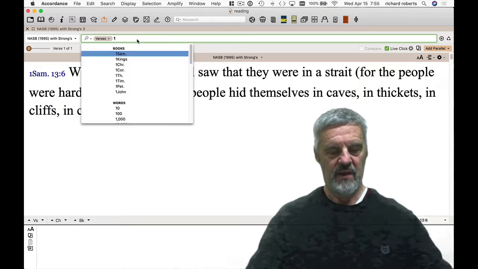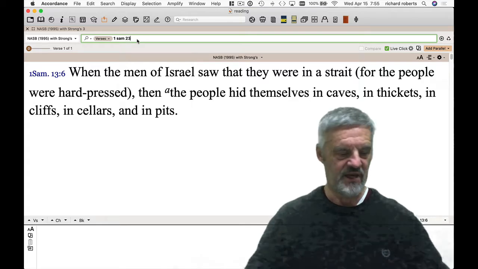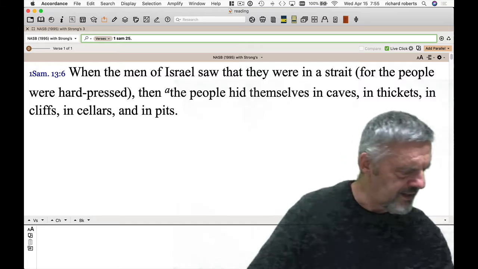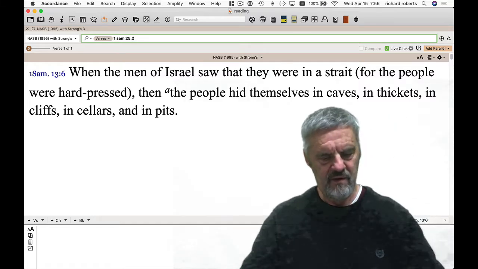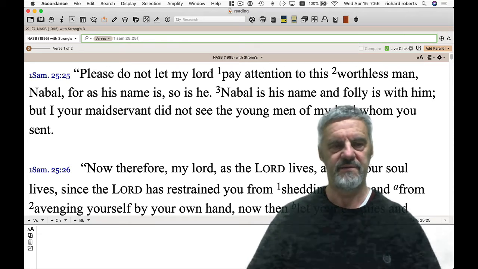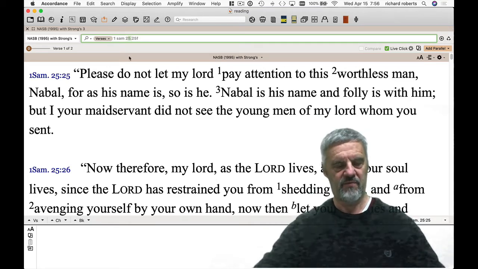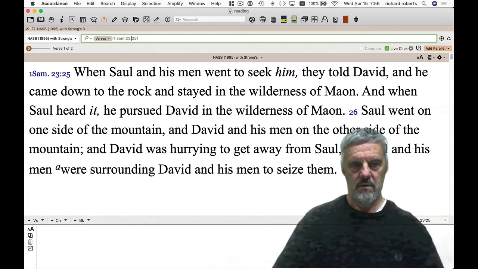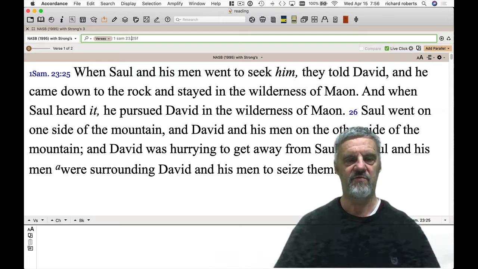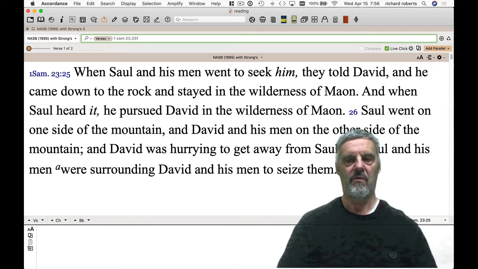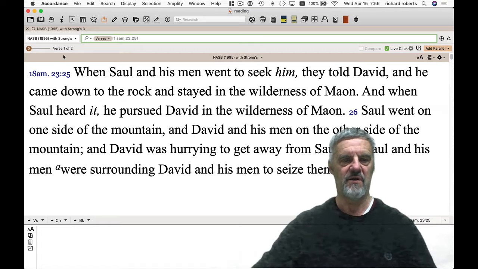Now, David himself had his own experience of escaping from Saul. In 1 Samuel 23, David himself was being chased by Saul and his men, and he and his men escaped Saul by going down to the rock, as it says here.